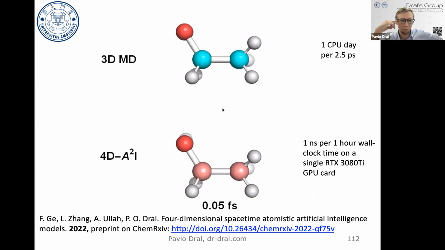We still sometimes struggle to fit a very good machine learning potential in 3 dimensions, so in space. Even there, if you include more and more atoms, the degrees of freedom increase, and it becomes problematic.